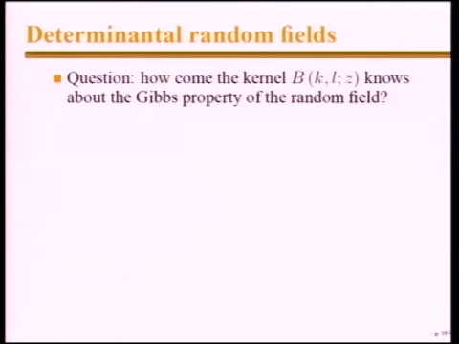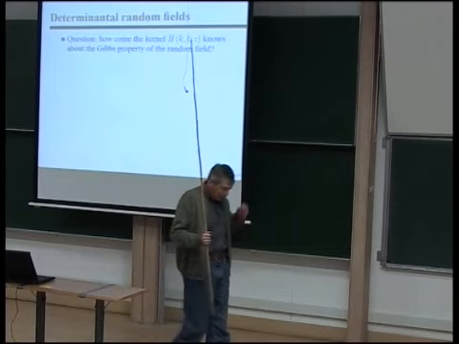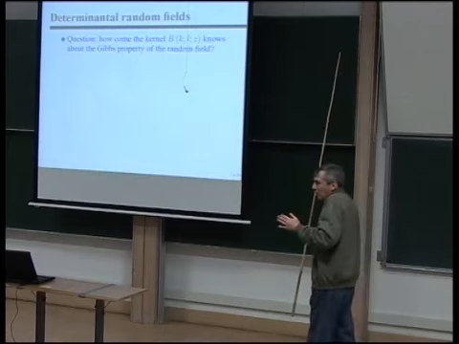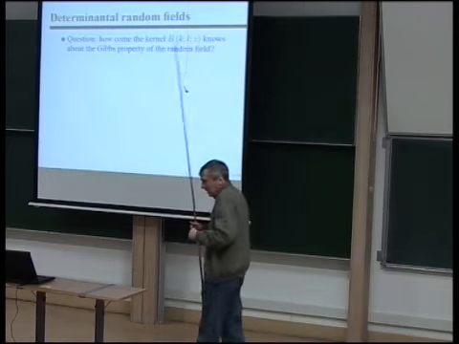Okay. So the question we wanted to answer with Borodin is the following, which I cannot put formally, and informally it is how on earth that kernel knows that the field it describes is a Gibbs random field. How come that you fix the configuration only at the boundary and you know the probabilities inside.